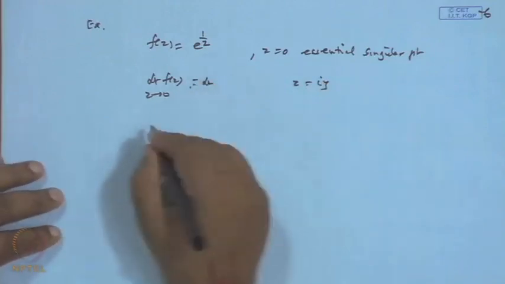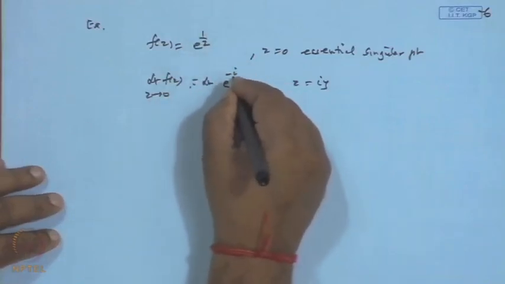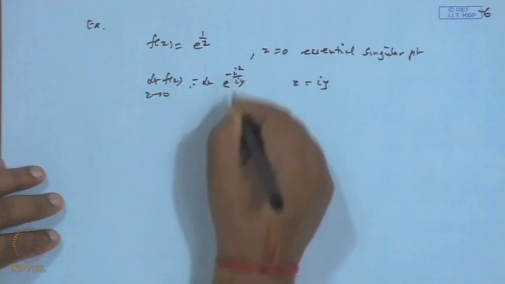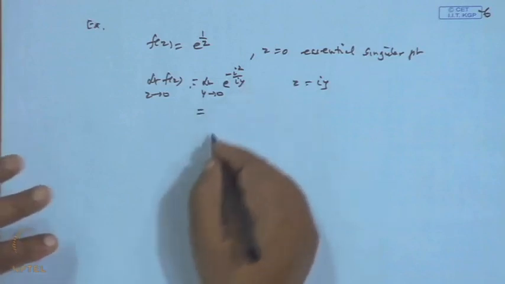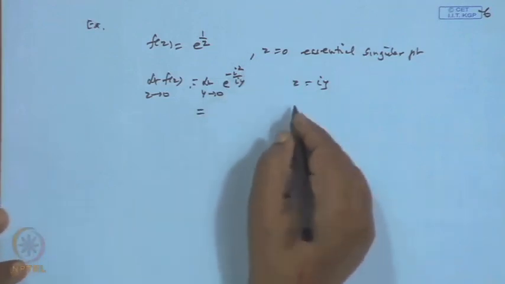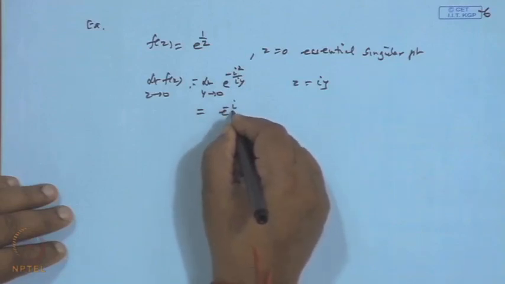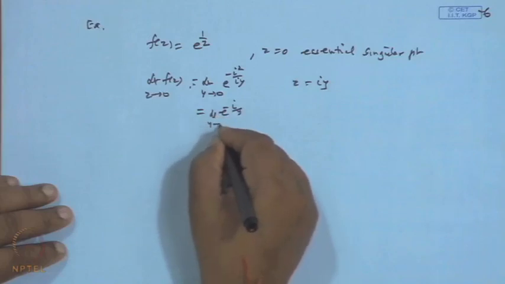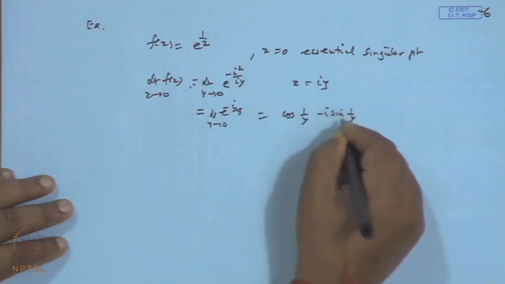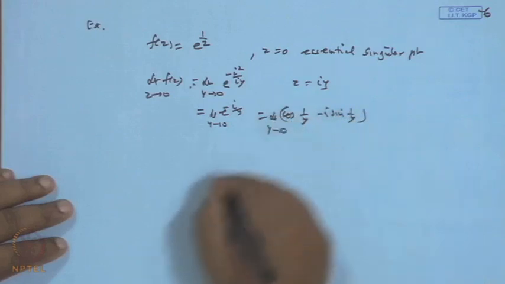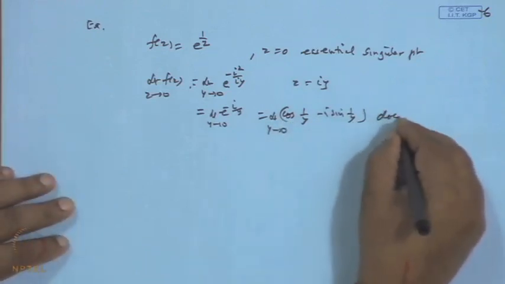This is the limit of e to the power minus i over y, as y tends to 0, which equals cosine of 1 by y minus i sine of 1 by y, as y tends to 0. We know the limit of sine 1 by y does not exist.